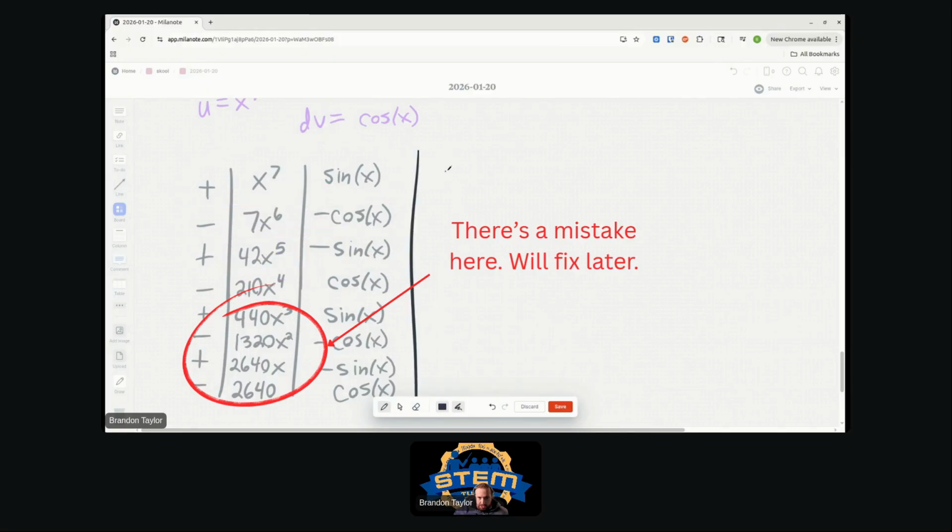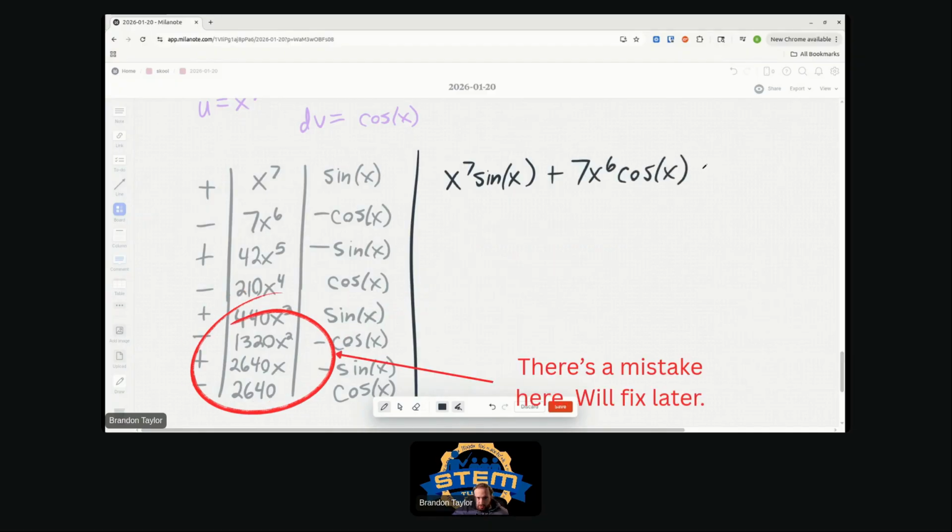So the answer here is actually x to the 7th sine of x, positive. And then here, there's going to be minus minus, so it's actually going to be positive again. So plus 7x to the 6th cosine of x. That's the second term. And then the third term is going to be minus 42 x to the 5th sine of x, right? And then you can see how this is going.